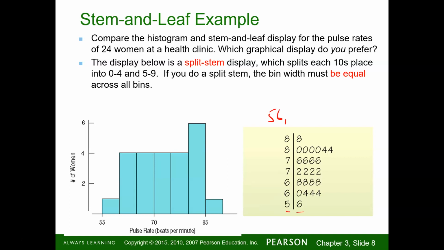See, there's 56, 60, 60, 64, 64, 64. That's how you read this. So there were three 64s, and 68, 68, 68, 68, because there are four of them. And that's how you read a stem and leaf plot.